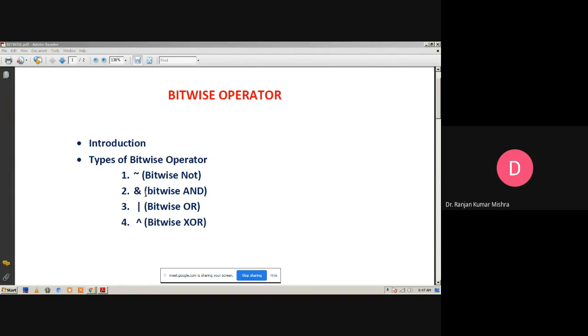Bitwise and, bitwise or, and exclusive or also work on the basis of different gates in digital electronics. Now we conclude the session, and in the next session we will discuss the shift operators, right shift and left shift. Okay, thank you.